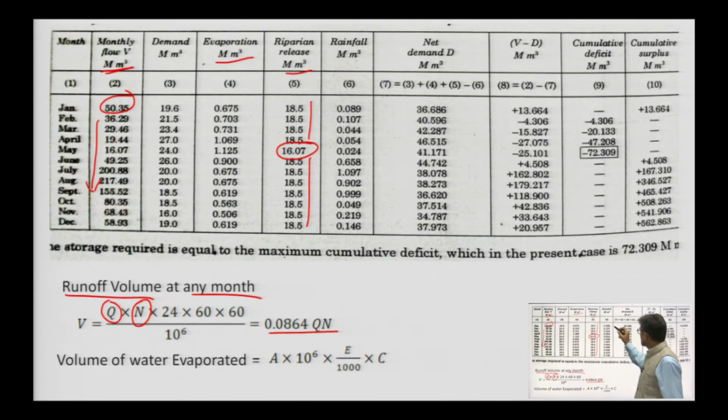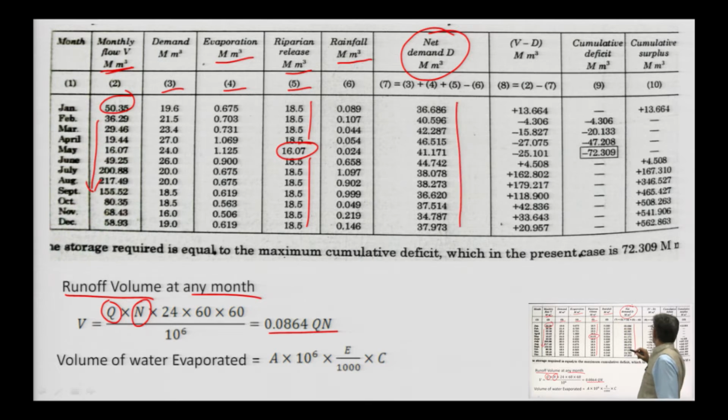Rainfall data in million cubic meters has been calculated. So the net demand will be the summation of columns 3 plus 4 plus 5 minus 6, since rainfall has to be subtracted.